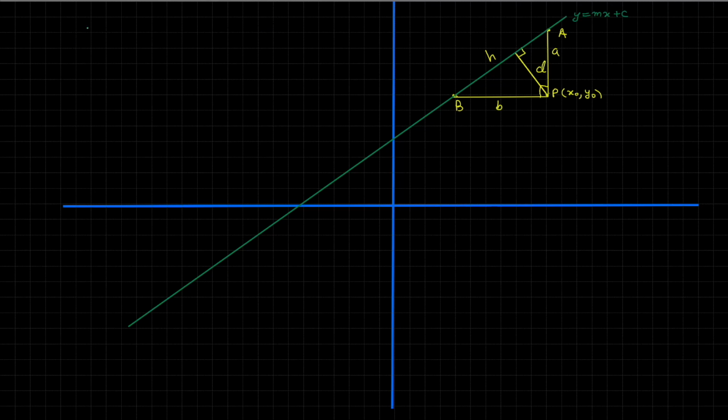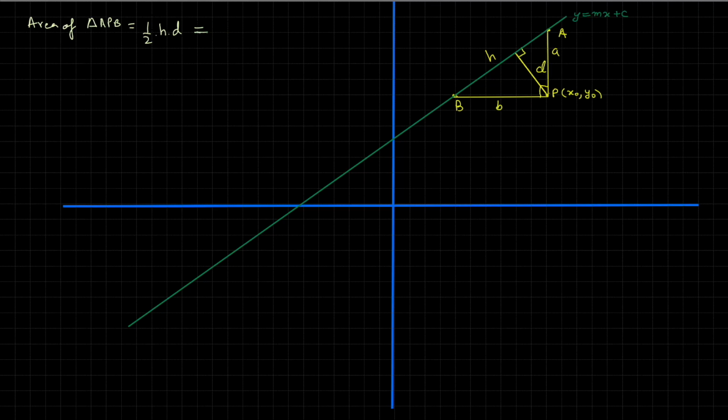In order to do that, let's write the area of the triangle APB in two different ways. So area of triangle APB is half times base times height. Let's say the base is the hypotenuse edge, which is h, so the height in that case will be d. If the base is h, the height will be d, and area is half times h times d.